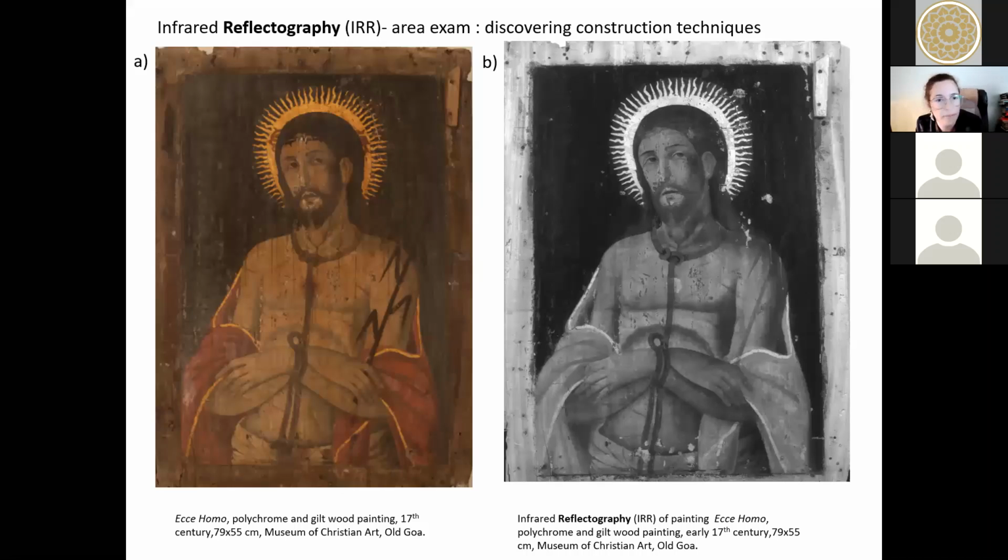Now, one thing I haven't understood: has it been restored? Because the wounds look original, but the drips look as if they might have been added later on or not. Sorry, the drips are the blood that you see, the wounds on the body.